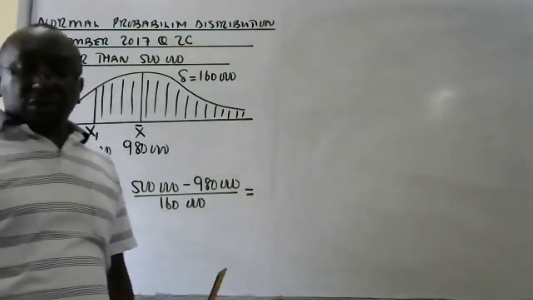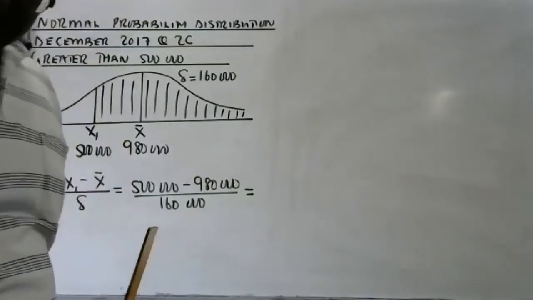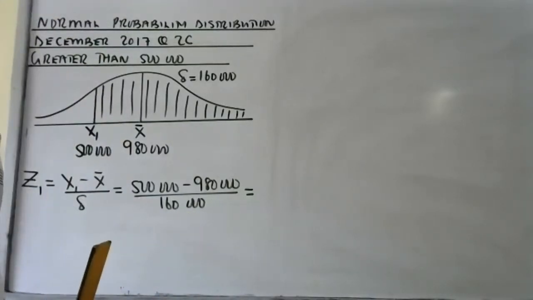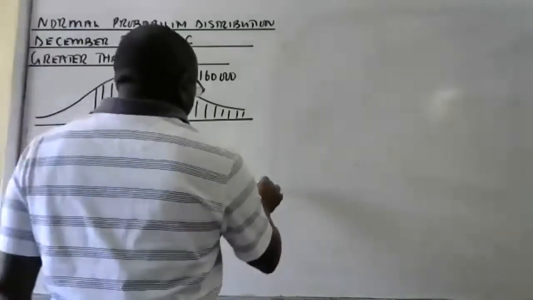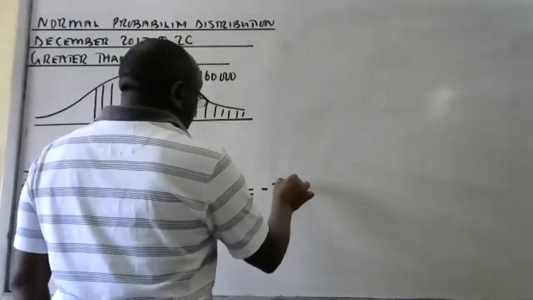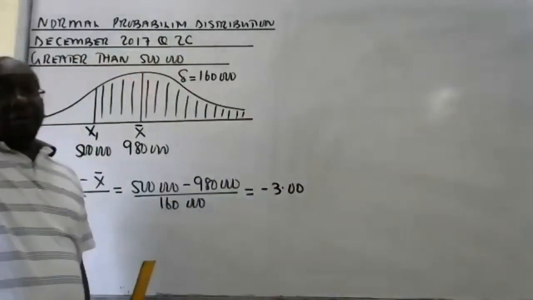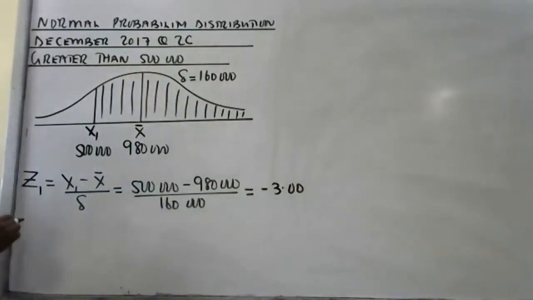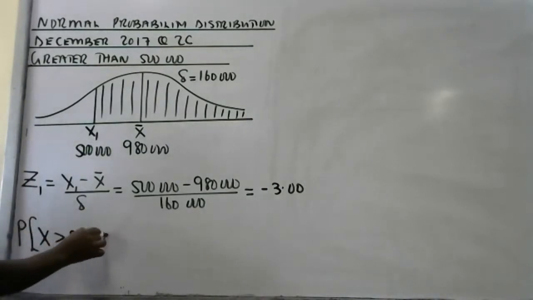So when you do so, this will be 500 minus 980 divided by 160 is minus 3.00. So the probability that X is greater than or equal to 500,000.